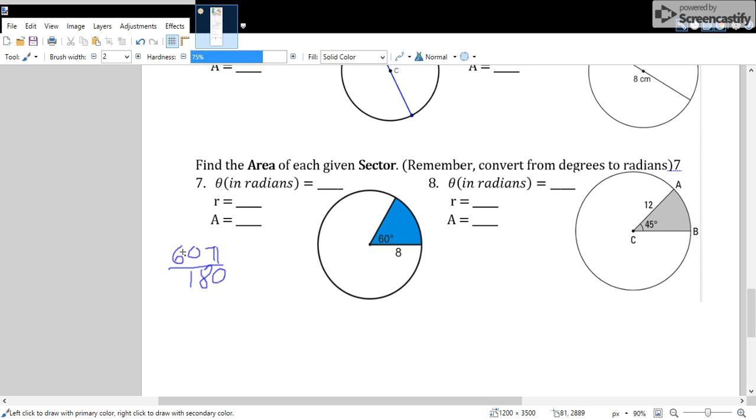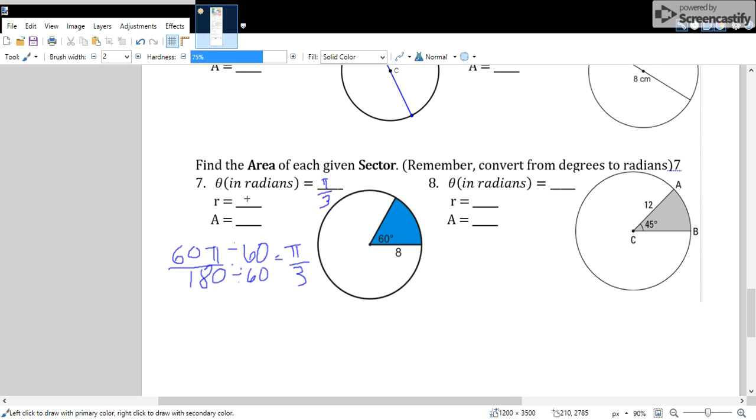Now, both of these are going to be able to divide by 60. 60 divided by 60 is 1. So it's just 1 pi over 3. So our theta radians is pi over 3.